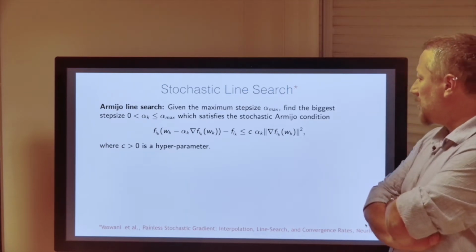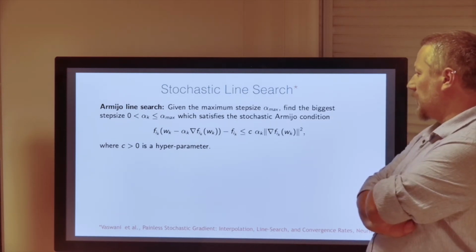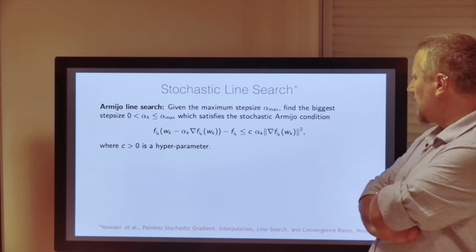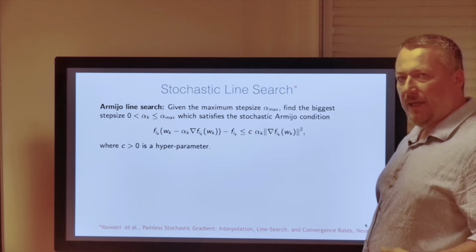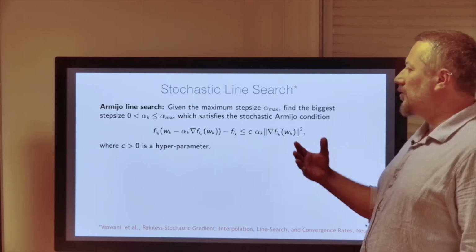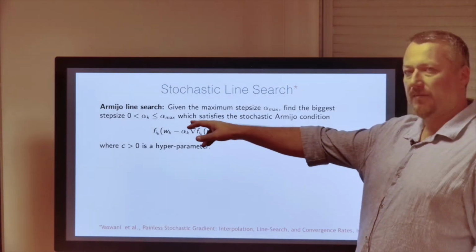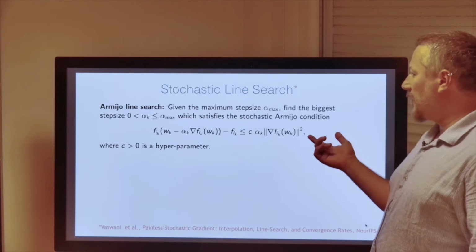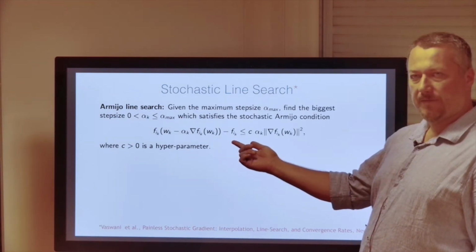Armijo line search is basically you start with a maximum step size, let's say alpha max, and then at each step, to take this stochastic gradient step, you look for the biggest step size alpha k, always smaller than alpha max, such that it satisfies this inequality.